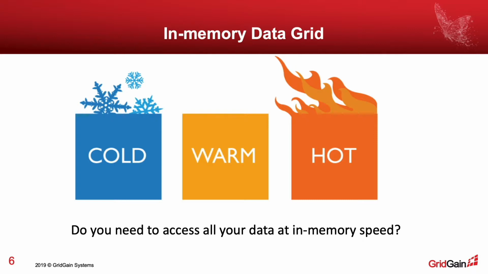You may have an operational data set when in-memory speed is really needed. On the other hand, you may have a historical data set, also referred to as cold data. Perhaps you don't need the best in-memory speed for cold data, because storing all data in RAM is quite expensive.